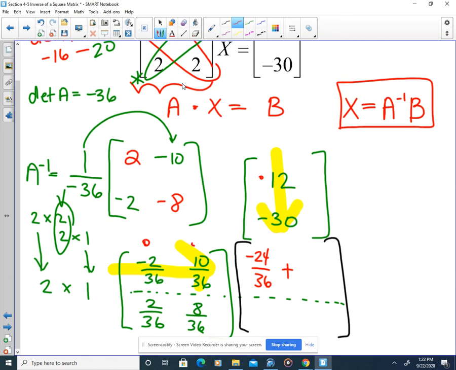Plus, second element times the second element. 10 times negative 30 is going to be negative 300 over 36. So negative 300 plus negative 24 is negative 324 over 36, which is negative 9.